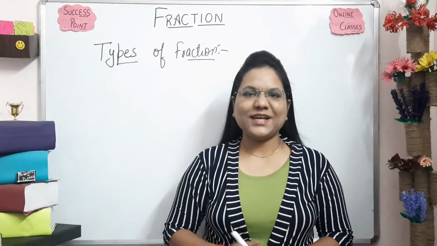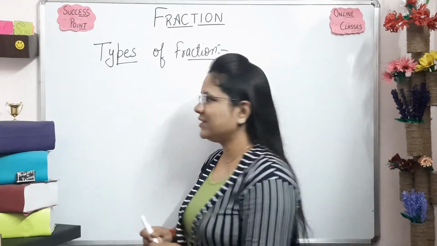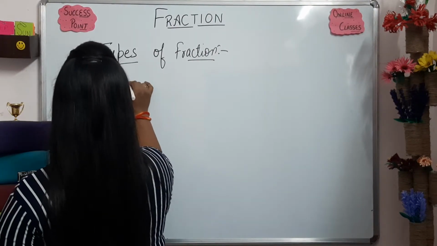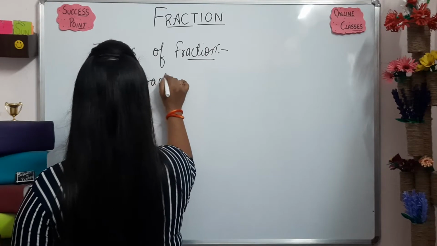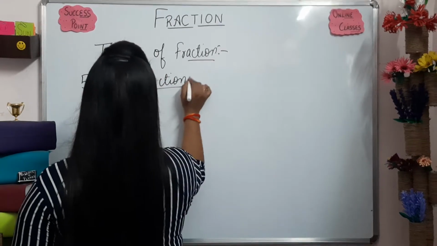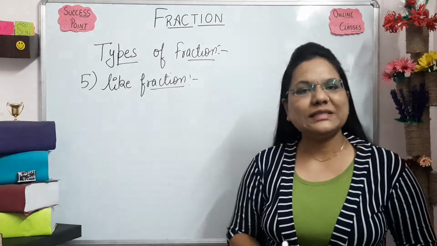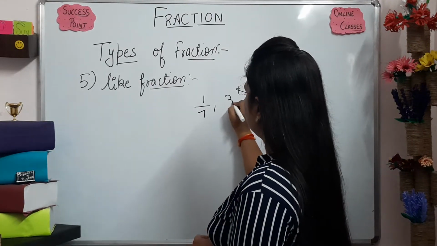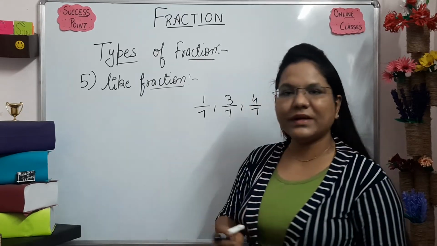So moving to the next type, that is like fractions. The fifth type of fraction is like fractions. What is a like fraction? Like 1 by 7, 3 by 7, 4 by 7.